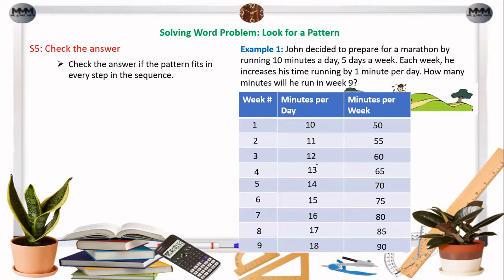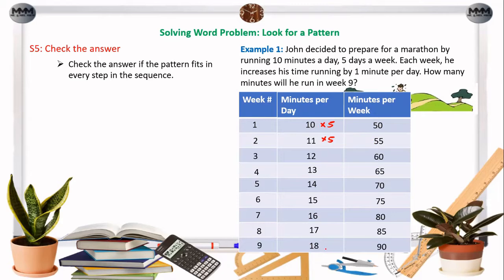So we can check our answer. We know previously that to get the minutes per week given the minutes per day, we just multiply by 5, because John runs 5 days per week. Follow? So we have 50, this 11 times 5, we have 55.